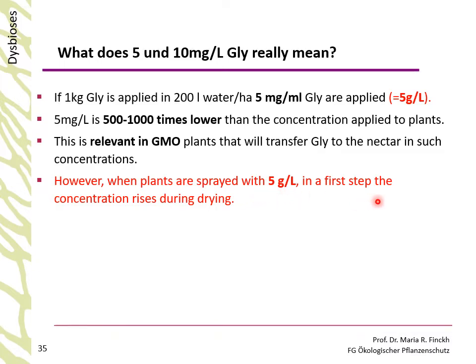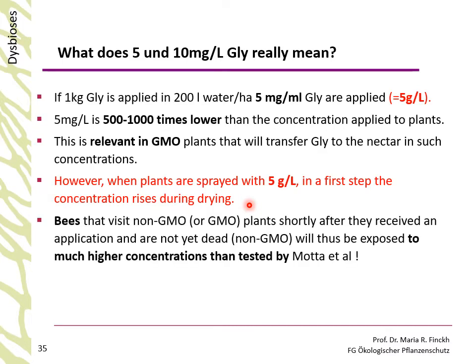In the first step, the concentration rises because the spray dries up. And if in that moment the plants that are not yet dead are being visited by bees, which is normal, we have weeds, they are flowering, they are sprayed with glyphosate in order to disappear, then the bees come and feed also on the liquids that are on these plants. They get an extremely high dose of glyphosate compared to the experiments we were just looking at.